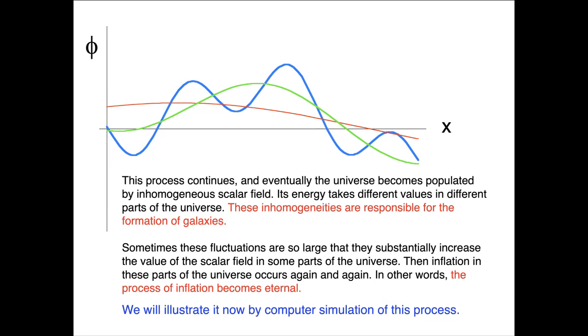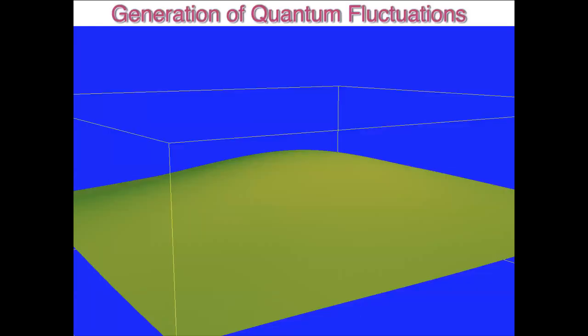So these fluctuations lead to inhomogeneous distribution of the scalar field in the universe, and inhomogeneous distribution becomes responsible for inhomogeneities of density. So classically, the universe expands and becomes more and more uniform because of inflation. Quantum mechanically, you produce quantum fluctuations, and these quantum fluctuations are responsible for the structure of the universe.